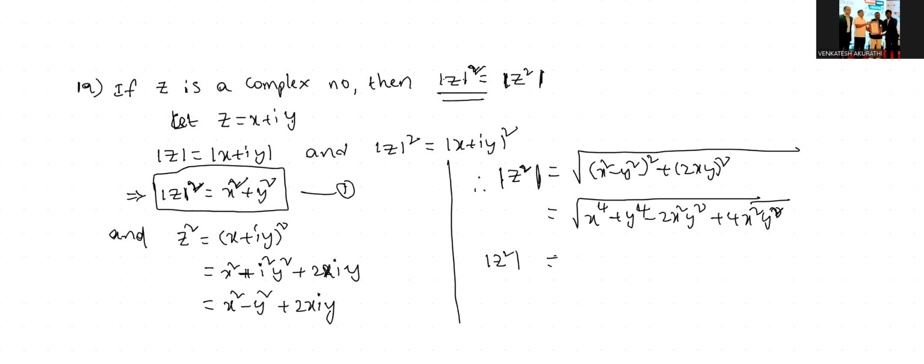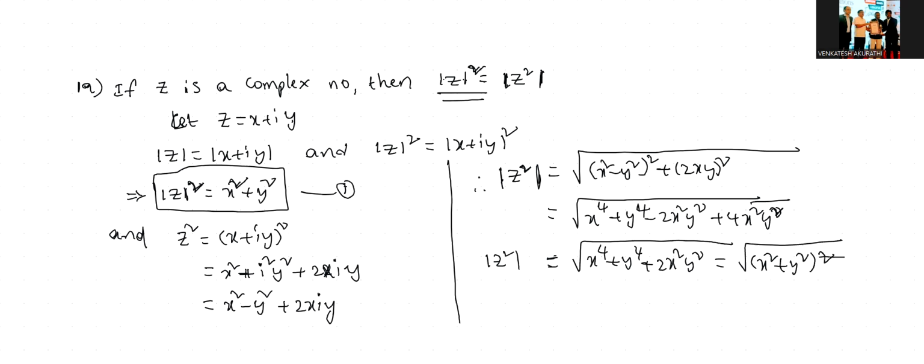That is equal to x power 4 plus y power 4 plus 2x square y square. That implies this can be written as x square plus y square whole square. The square cancels with the root, so mod z square is equal to x square plus y square. So equations 1 and 2 are both equal.